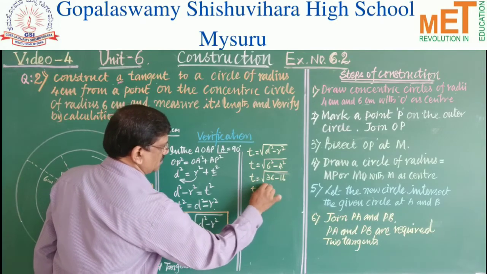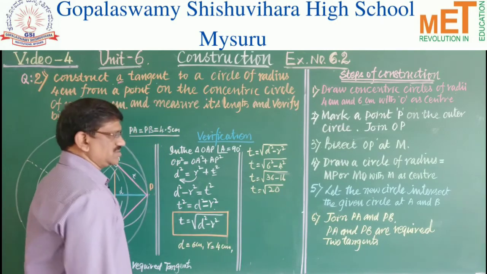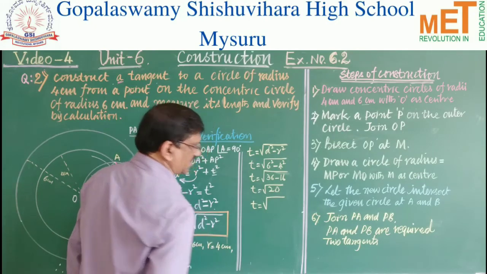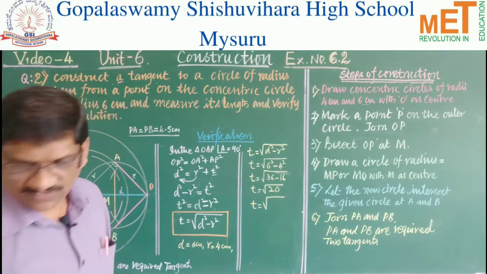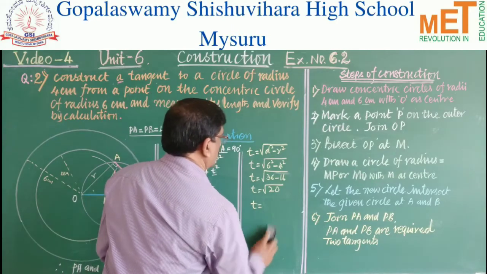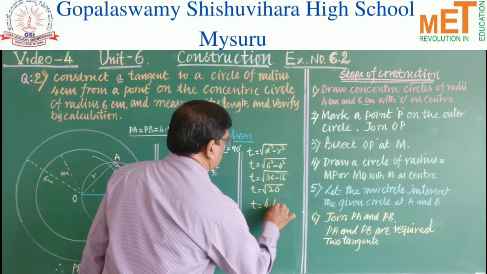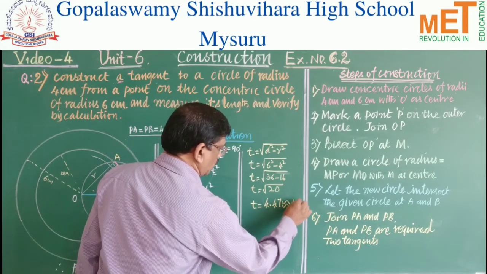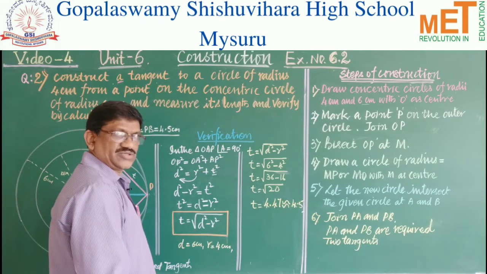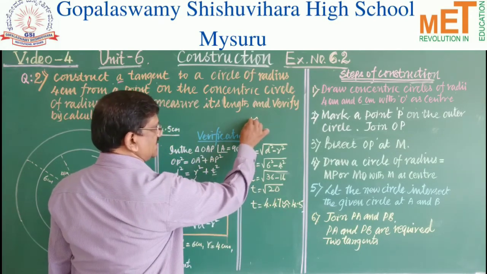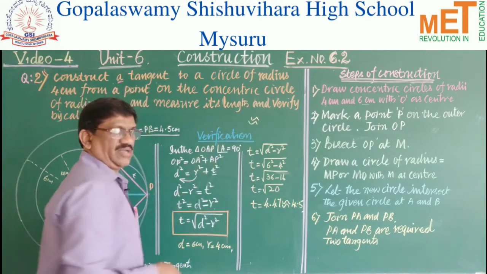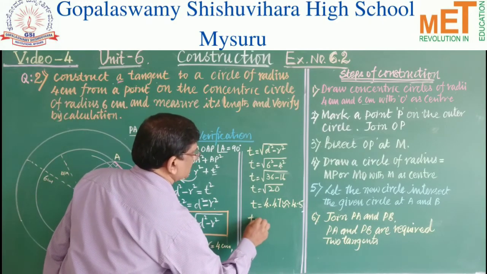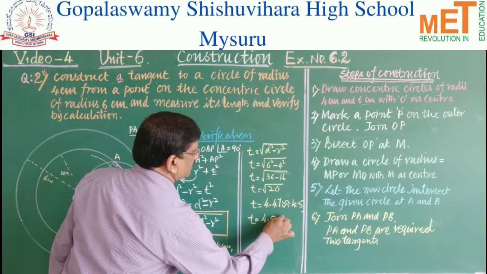Therefore, T is equal to square root of 20. You can calculate, square root of 20 is equal to 4.47, that is approximately equal to 4.5. Understood? This symbol we use, you have to read it as approximately. So therefore, T is equal to 4.5 centimeter.